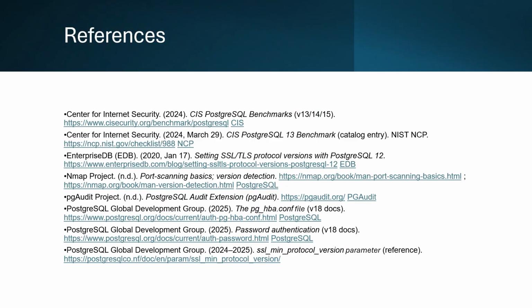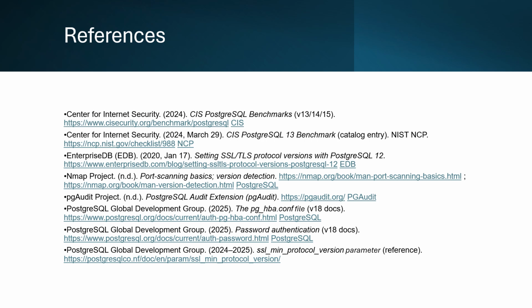These references represent research-based sources that guided my configuration and hardening process. The PostgreSQL official documentation provides the technical foundation for settings like authentication, TLS, and host-based access. The CIS PostgreSQL benchmark offers detailed, standardized recommendations for security best practices, such as enforcing SCRAM authentication and least privilege.